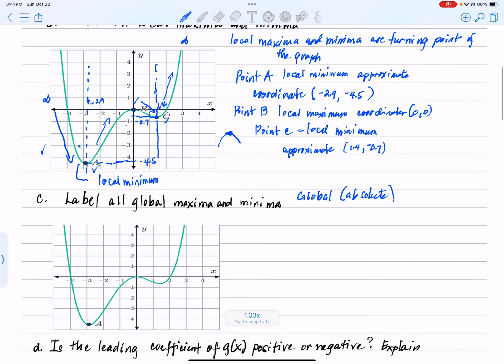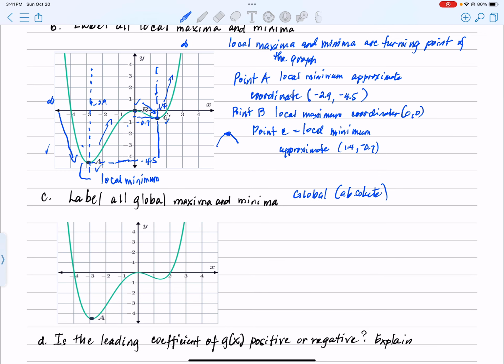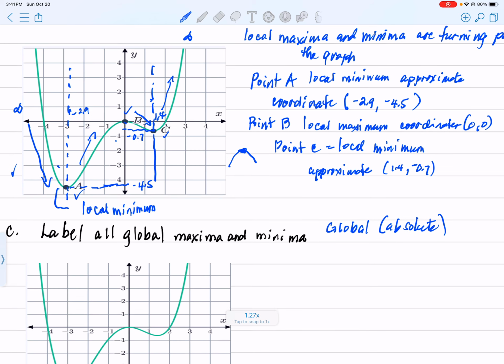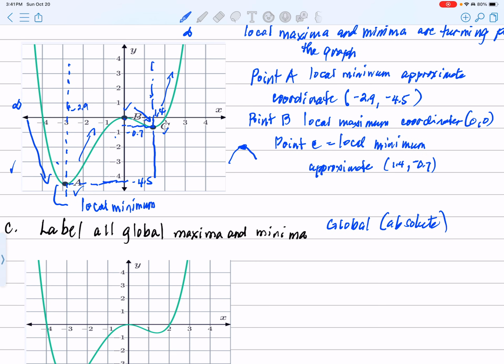So when can you say it's at the highest or at the lowest point? If we look at all the local extrema we identified in this part right here, we have the minimum and maximum. Determine if any of them has the highest or the lowest point of the entire function.